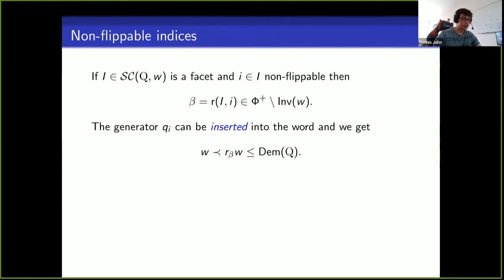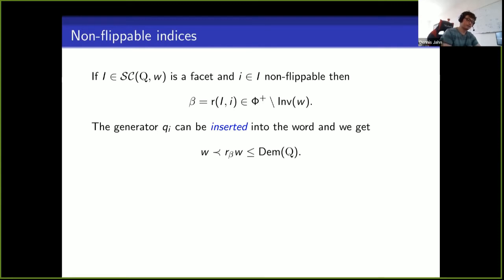So we want to understand non-flippable vertices to see what we can do. In the case that we have such a non-flippable index in a facet, the root configuration is still a positive root that does not belong to the inversion set. If you think back to the algorithm of the Demazure product, this means that if we scan through the word from left to right, we could go up in order.